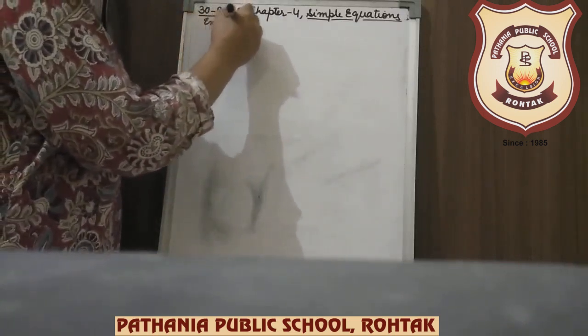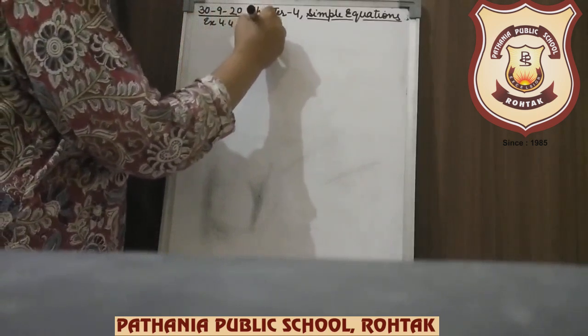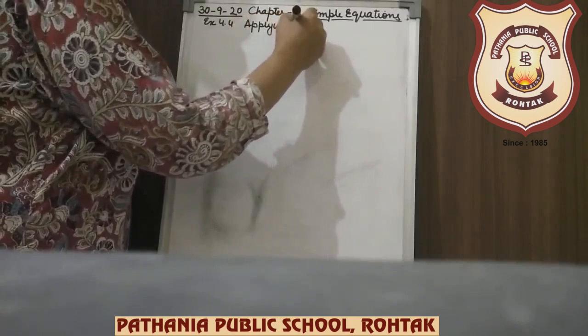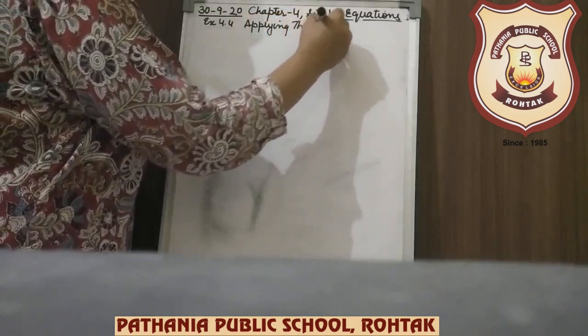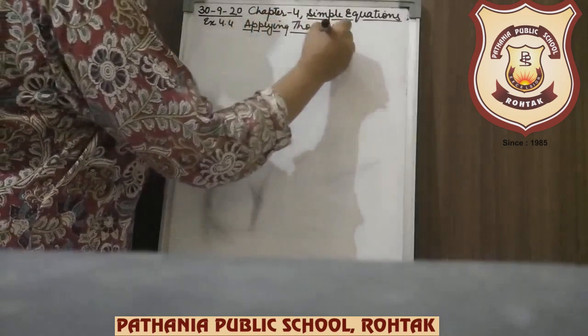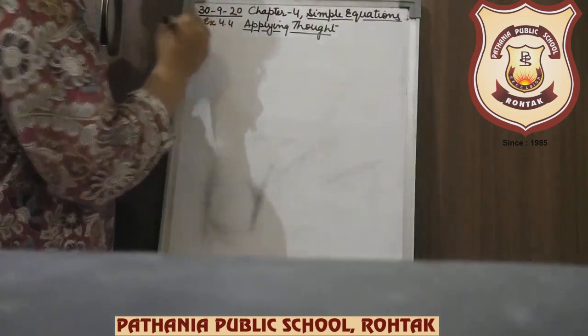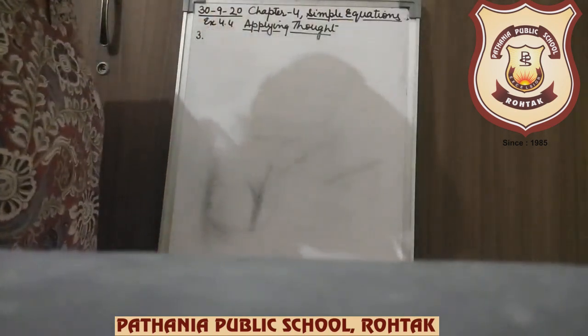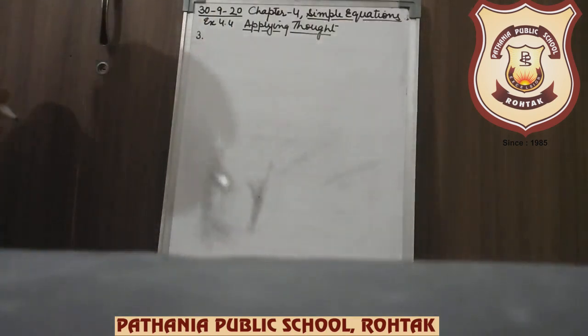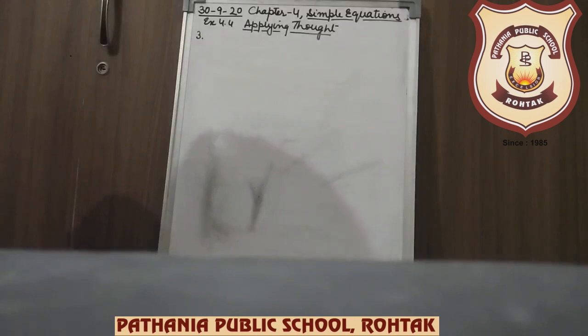Exercise 4.4, applying thought. Now question number 3, it says in a school the total number of students is 2400.